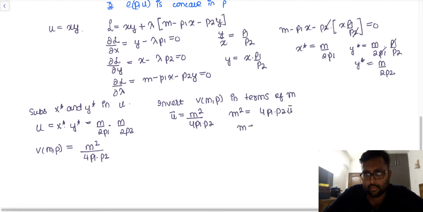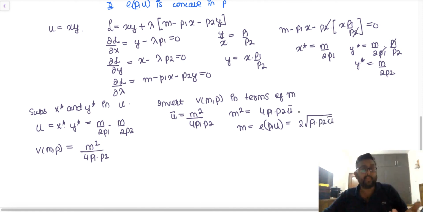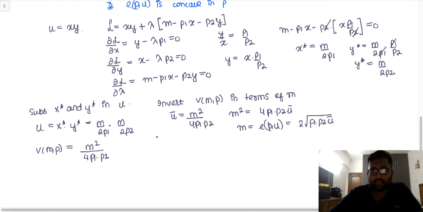Your income and expenditure mean one and the same thing, because we assume that the entire income is spent. So the expenditure is M square equals 4 p1 p2 U bar, or M equals 2 root p1 p2 U bar, right? So your question is asking to find the compensated demand function.